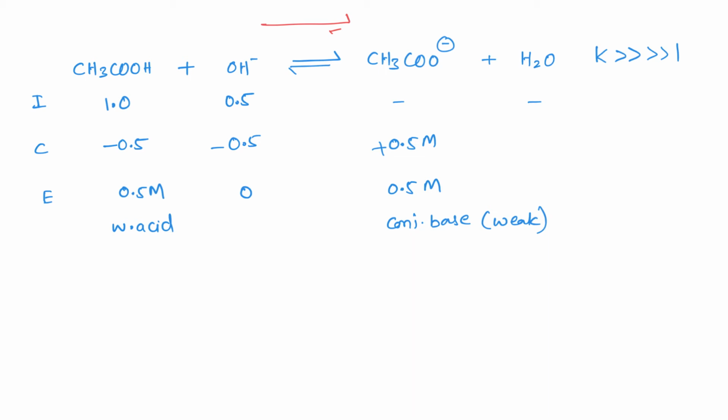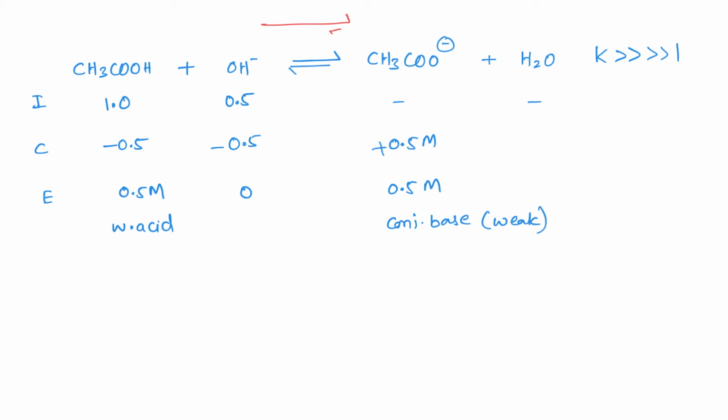Each of these species, that is acetic acid and acetate ion, can individually affect the pH of water. We have learned earlier how to calculate the pH of the solution containing acetic acid by itself or acetate ion by itself as major species.